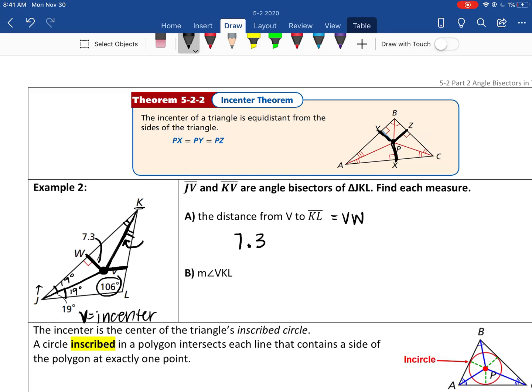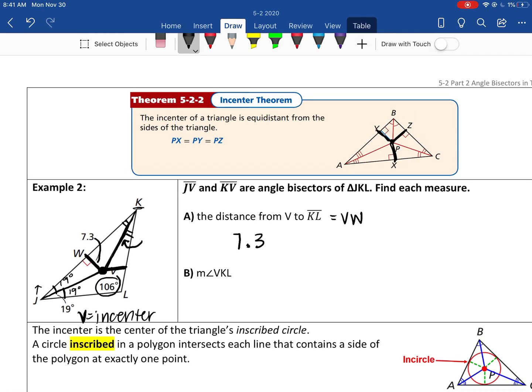The reason I'm going to find the whole angle K is because in a triangle you have 180, and that's the easiest thing to do. If I add the 19 and the 19, that gives me 38 degrees. I can see right here that L is 106 degrees.